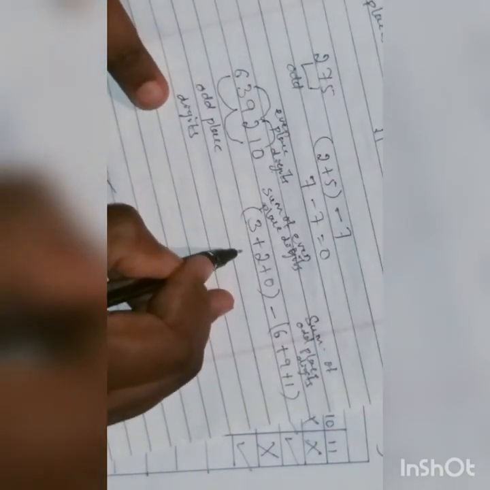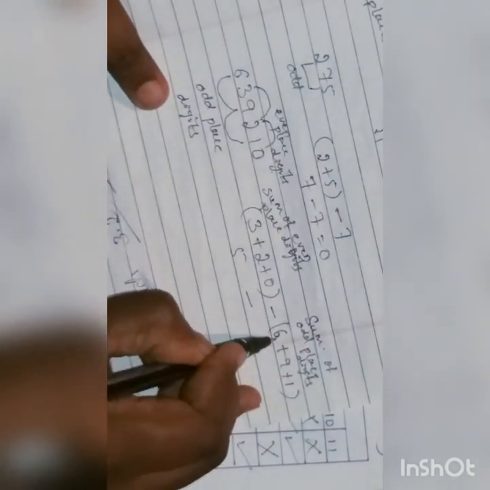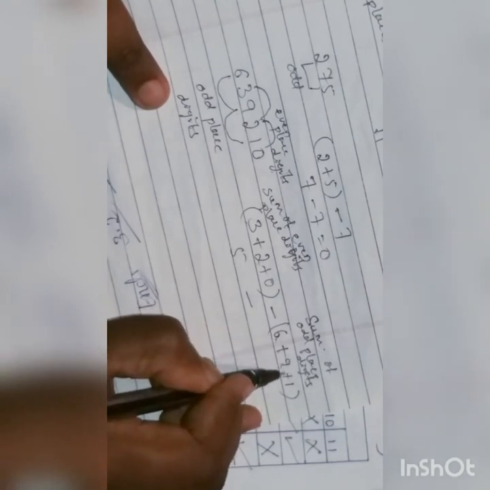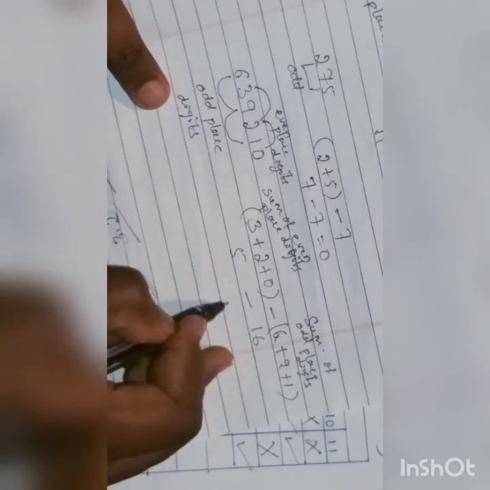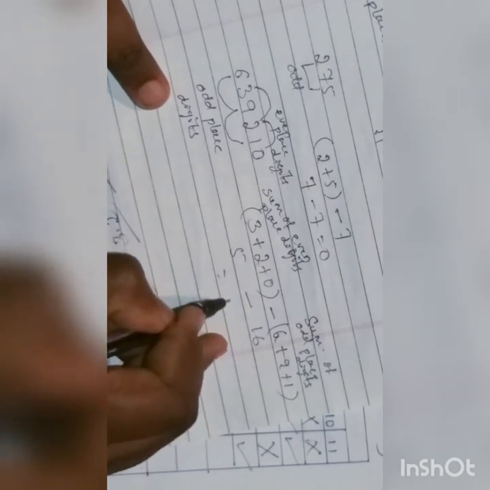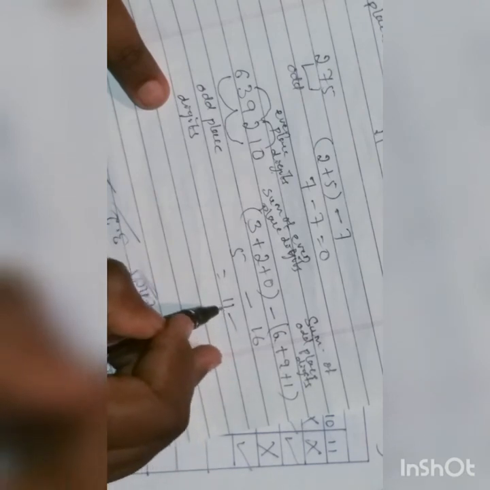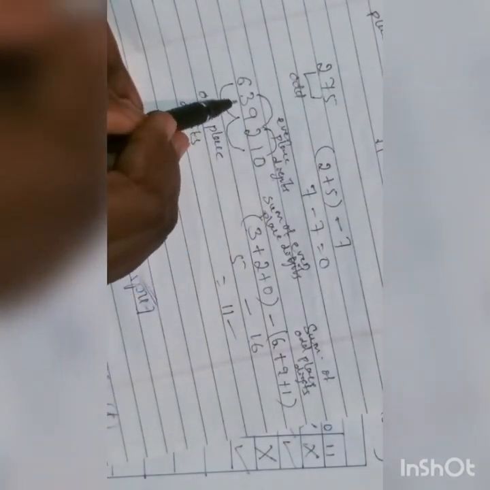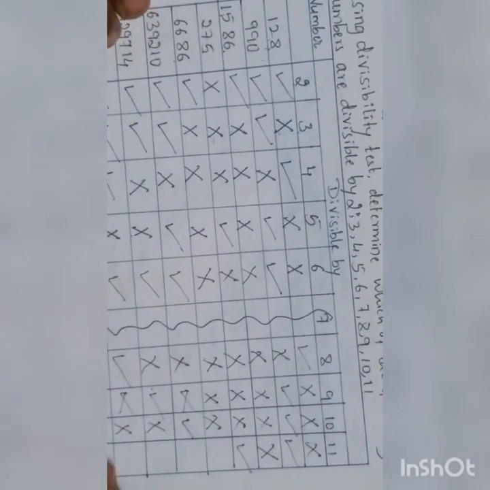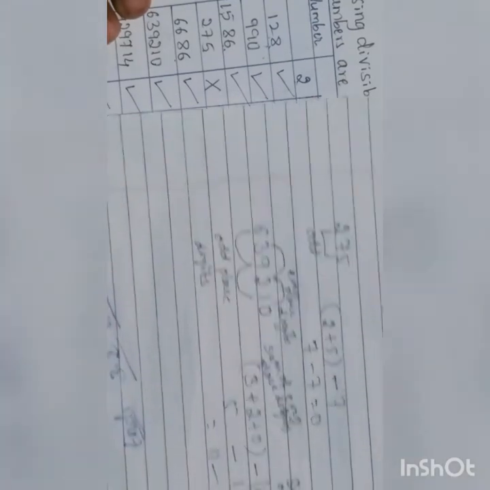So 3 plus 2 is 5 plus 0 is 5, minus 6 plus 9 is 15, 15 plus 1 is 16. Which is the bigger number? 16. 16 minus 5 is 11. See now, we got 11 here. 11 is a multiple of 11. That's why 639210 is divisible by 11, because the difference of the sum of even place digits and the sum of odd place digits is a multiple of 11. That's why the whole number is divisible by 11.